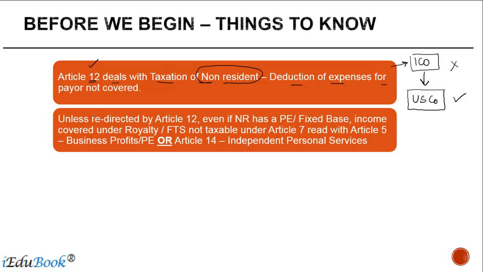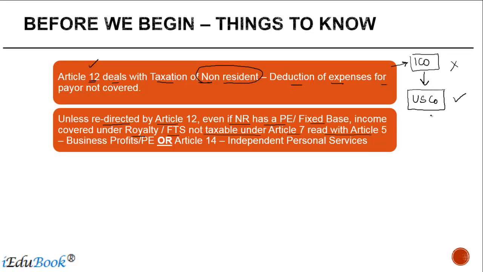Second, unless redirected by Article 12, even if the non-resident has a PE or a fixed base, income covered under royalty or FTS is not taxable under Article 7 read with Article 5. Now, to explain this, let me put together an example.